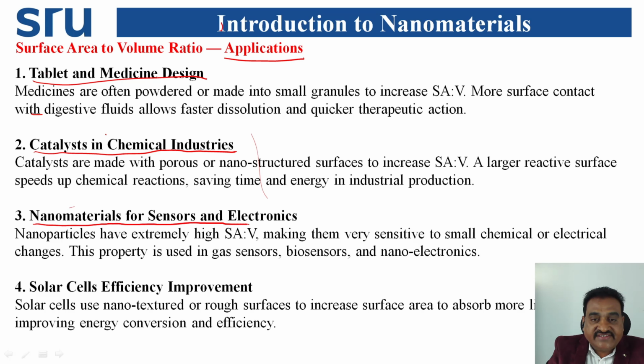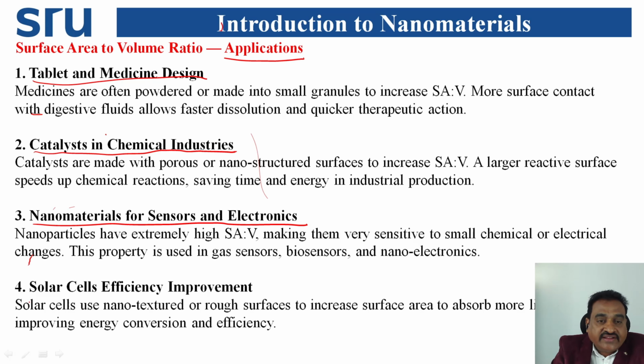Nanomaterials for sensors and electronics. Nanoparticles have extremely high surface area to volume ratio, making them very sensitive to small chemical or electrical changes. This property is used in gas sensors, biosensors, and nanoelectronics.